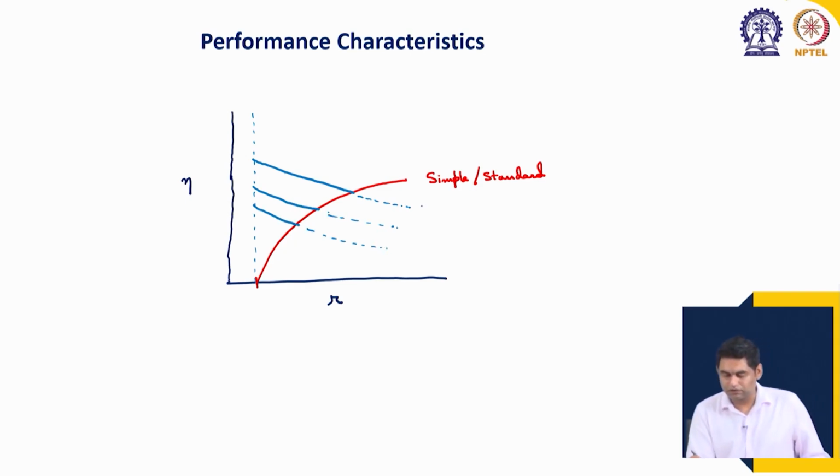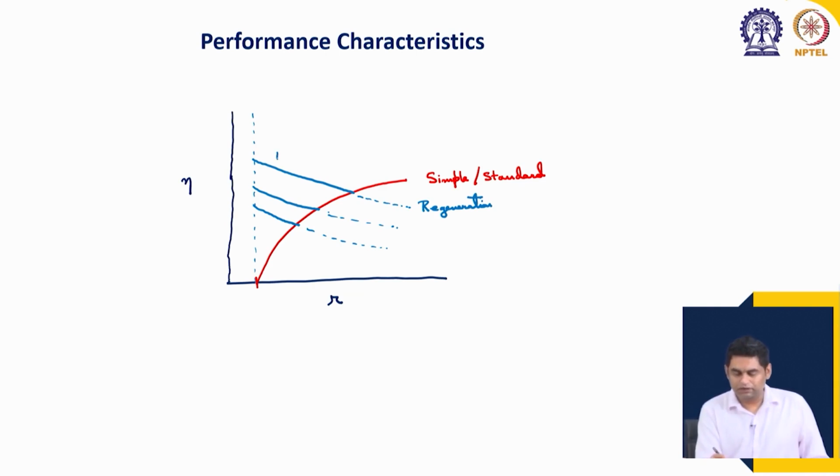Okay. So, this is for regeneration, and we have seen what the crossover point should be for this case, which is where the compressor outlet temperature is equal to the turbine exhaust temperature.